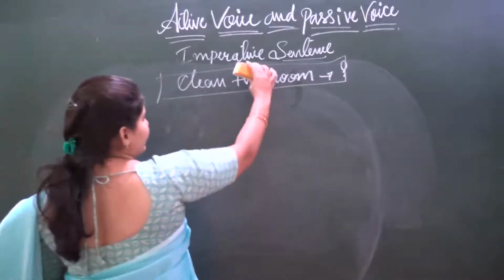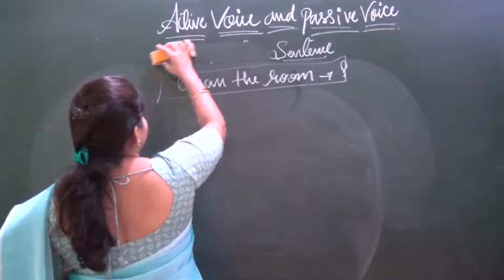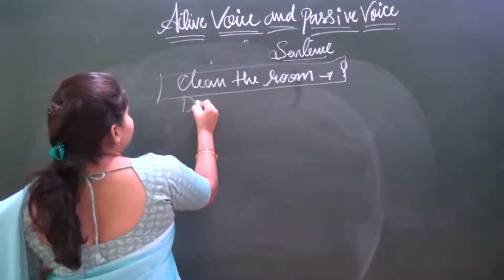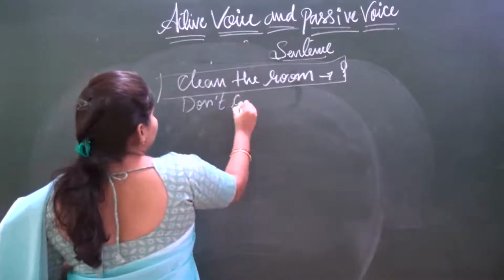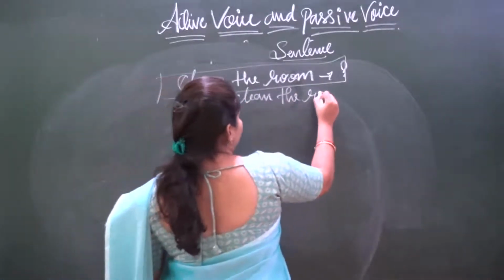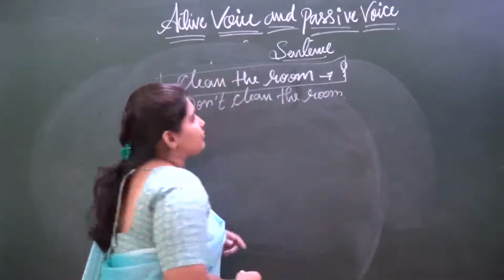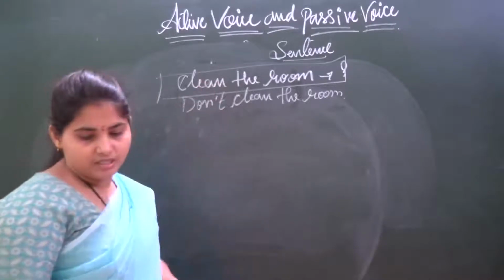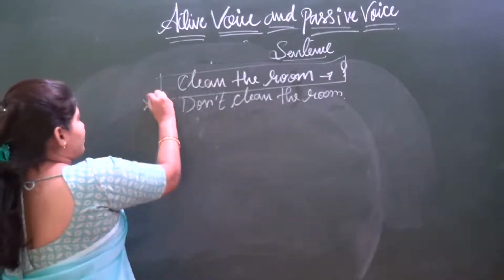Clean the room: take it down and change it into passive form, and also don't clean the room. These two sentences you have to convert into the passive voice. This is homework for you.